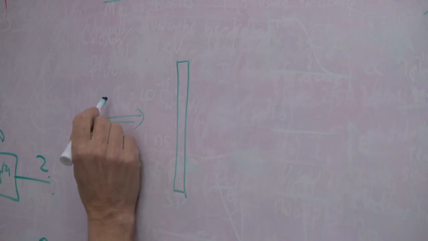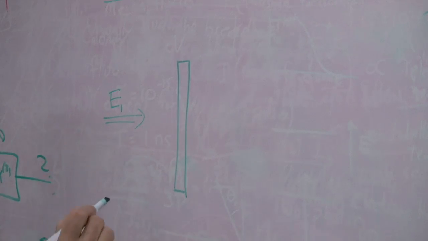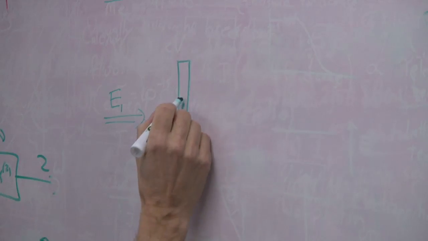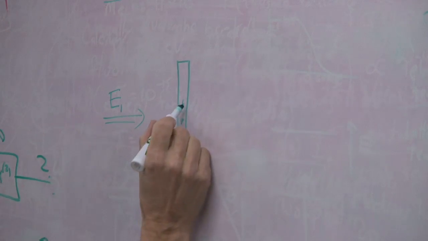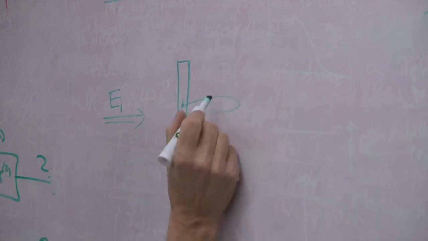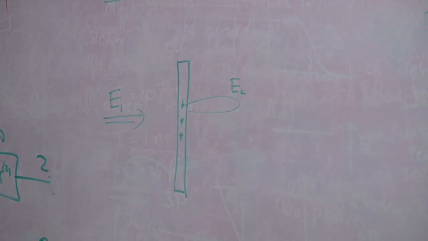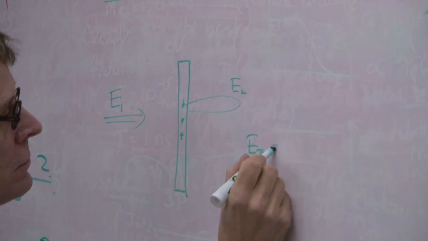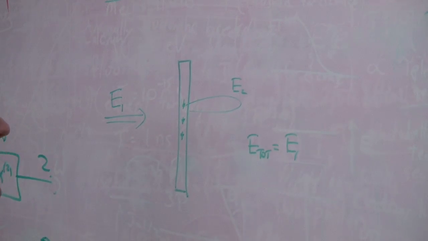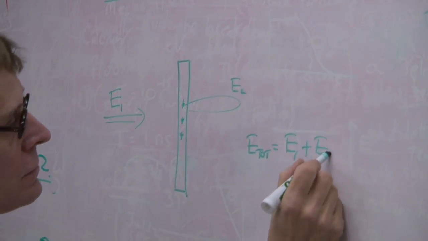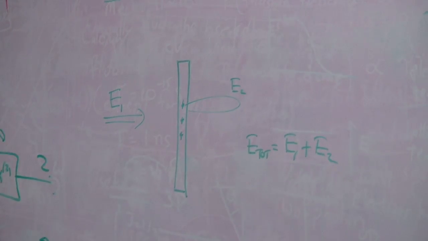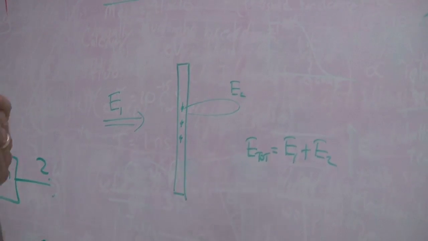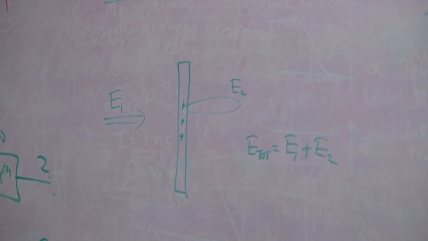So now let's call this incident field E1, and then all of the dipoles in here radiate a field, and let's call the radiated field E2. Then the total field here is equal to E1 plus E2. And let's not put in the e to the ikz yet; we know how to put that in.